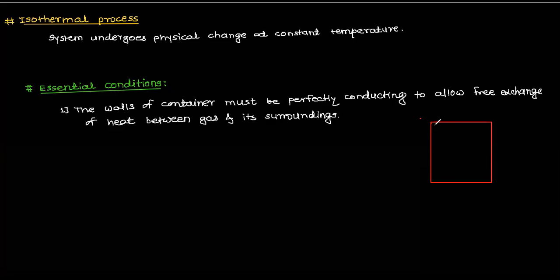This is a container and these are the walls. In this gas is filled. This is a gas, we can say, and these are the walls, and this is the surrounding, whatever is around it. So I am keeping one arrow here like this so that you will understand how the heat exchange is taking place.